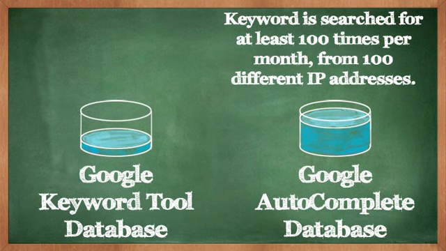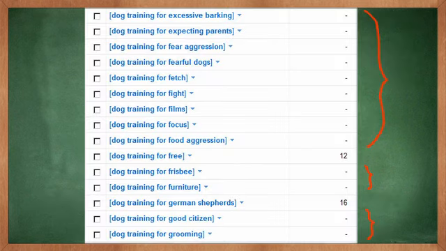But I think this is a pretty good rough ballpark figure, at least for the US database. And so the point of all this is to try to get people to understand that 0 is not 0. Just because the Google Keyword Tool is telling you that the keyword phrase has no search volume does not mean that the keyword phrase has no search volume. If it came from the autocomplete database, it was probably typed in 100 times last month.